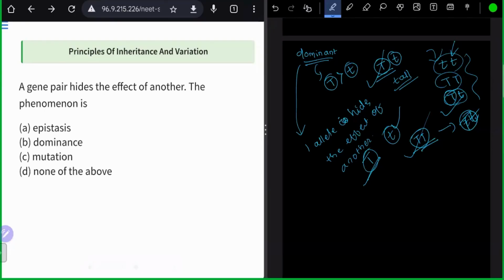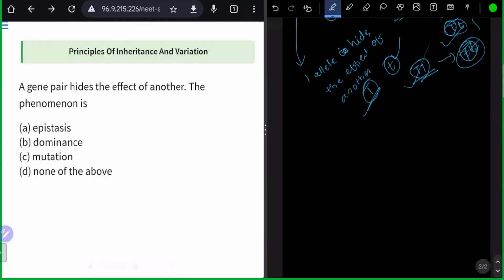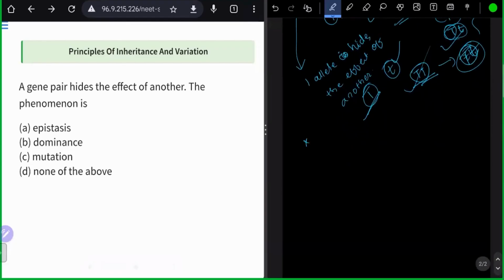Then what is the dominance relationship? The first relationship is known as dominant recessive. That means the dominant allele masks the effect of the recessive allele in a heterozygous pair. Another effect is known as codominance. These are the related topics I'm explaining.